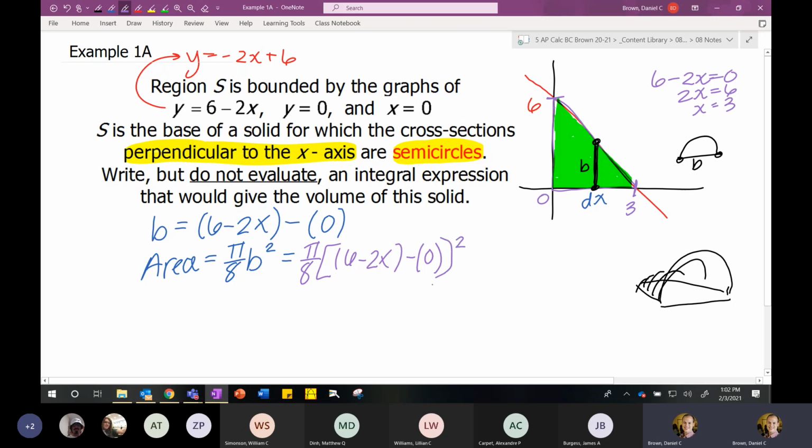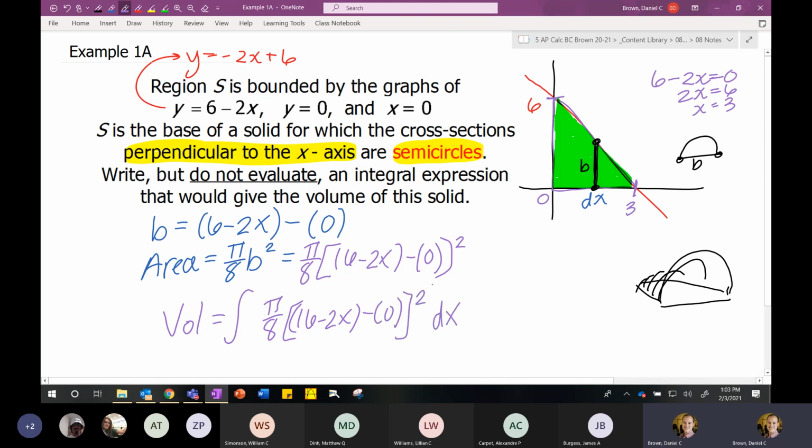So I had the base, I had the area in terms of the base, then big calculus fact, how do we get to volume? Volume is literally the integral of area. What is the area? Pi over 8 b squared for the semicircle. Again, don't think it's always pi over 8 b squared. This is just for the semicircle.